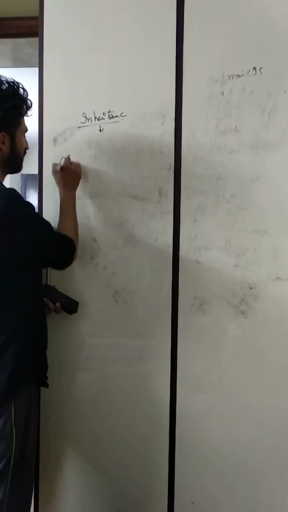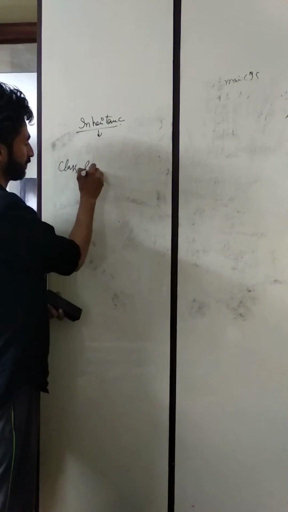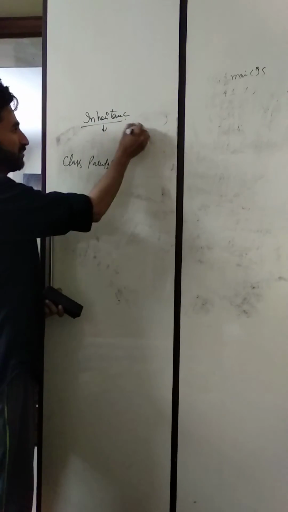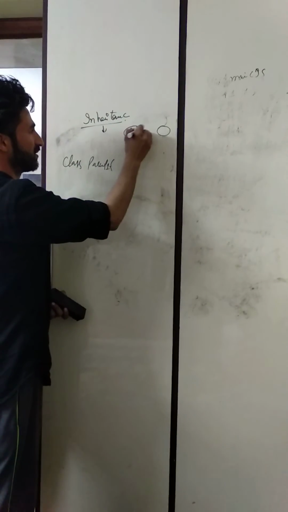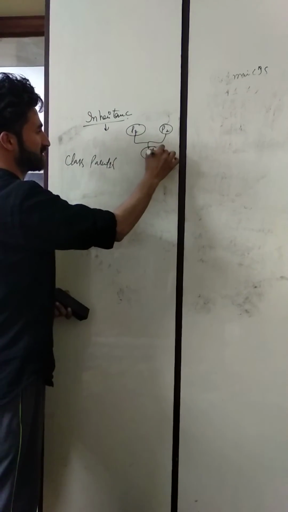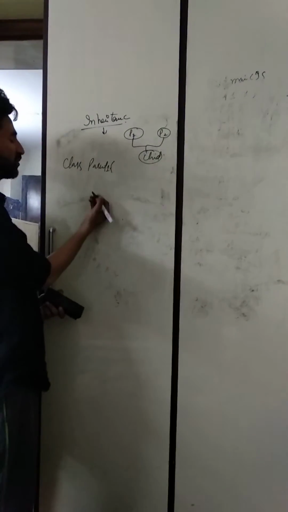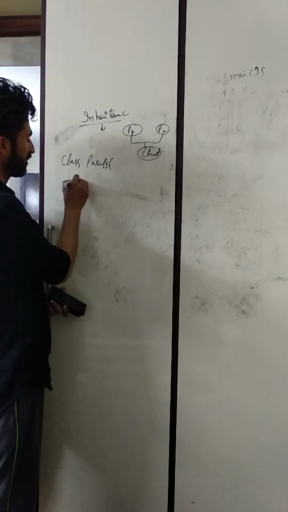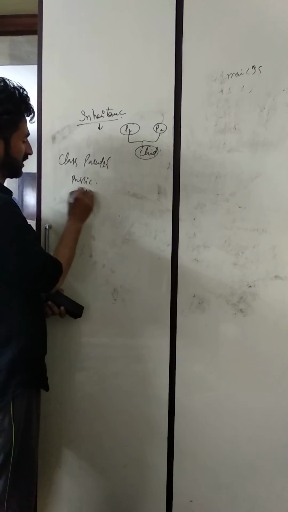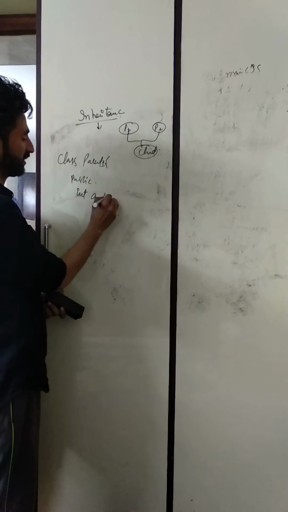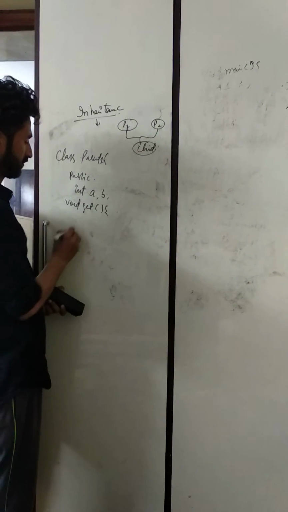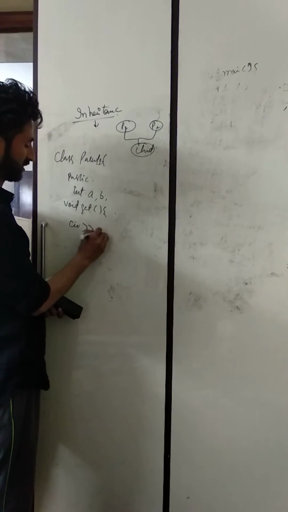I am writing a program, class parent, and in this I am writing parent 1 because there are two parents, might be P1, P2 having only one child. So parent 1 having public int a comma b, and getting the value, void get, cin a, b.